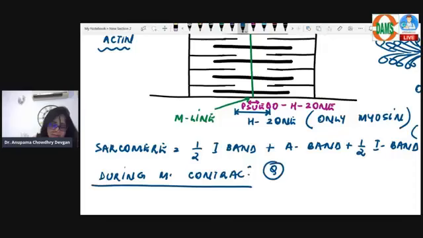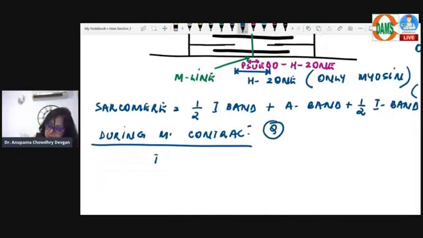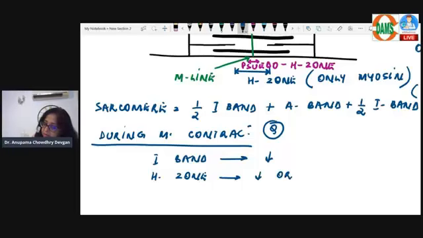this is a question which has been asked a number of times. What will happen to the I band? The I band decreases, yes. The H zone decreases or even disappears.